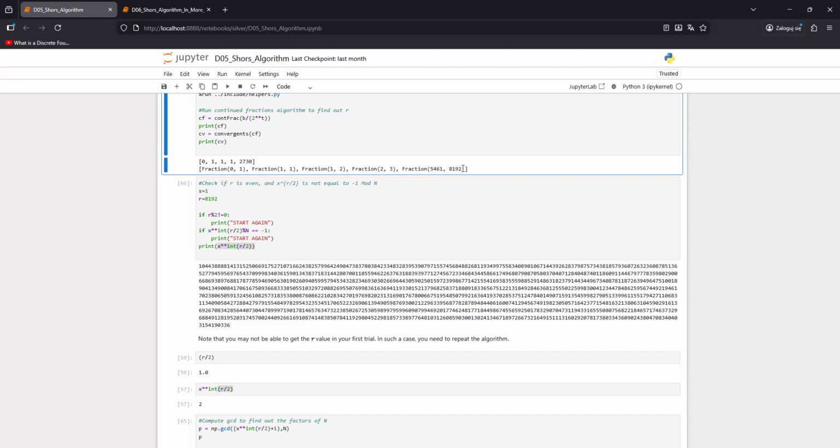So that's the case. You can adjust the precision of your computation for quantum phase estimation to get better convergence, and then you can try different convergents that you receive here, yes, to deal with the problem.